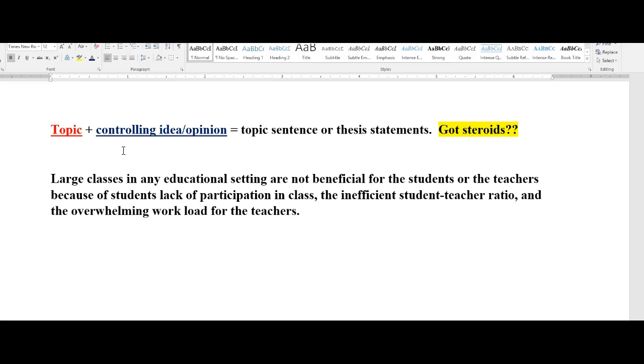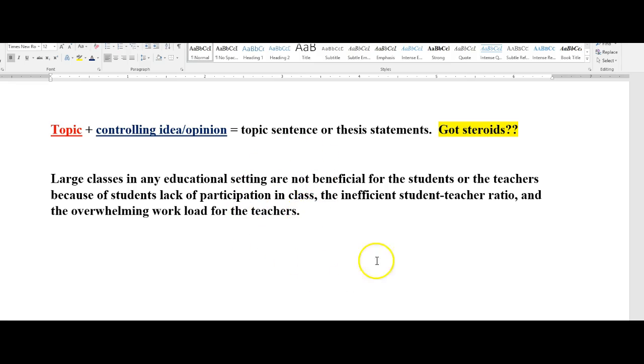I wrote the other example as a full thesis statement. Large classes in any educational setting are not beneficial for students or the teachers because of the students' lack of participation in class, the inefficient student-teacher ratio, and the overwhelming workload for teachers.